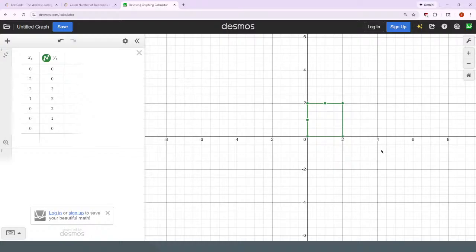Does that help? Track the points that are involved. I could track just the leftmost points.